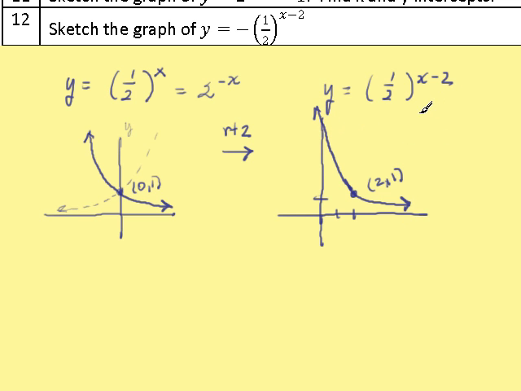All right, and now let's finish this by reflecting. The negative in front would indicate a reflection through the x-axis. So this graph is going to sort of spin around over to here. So now we're reflecting through the x-axis.